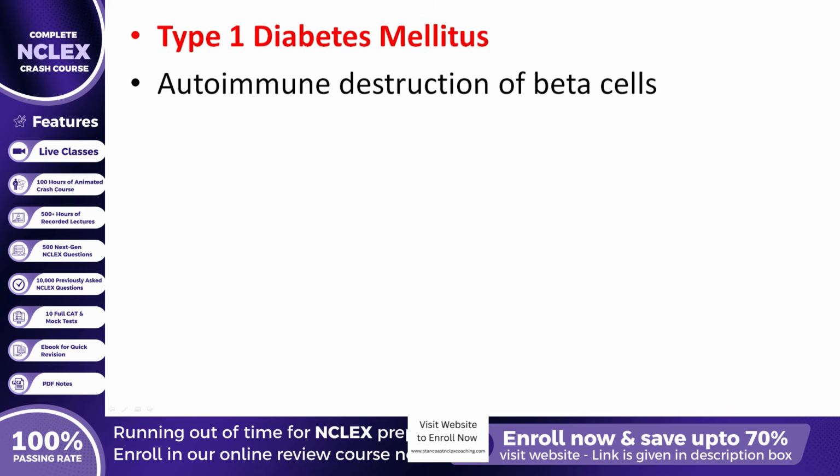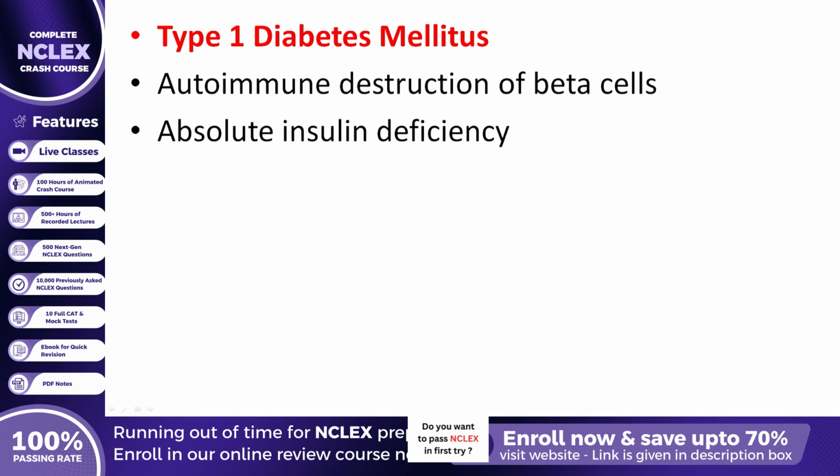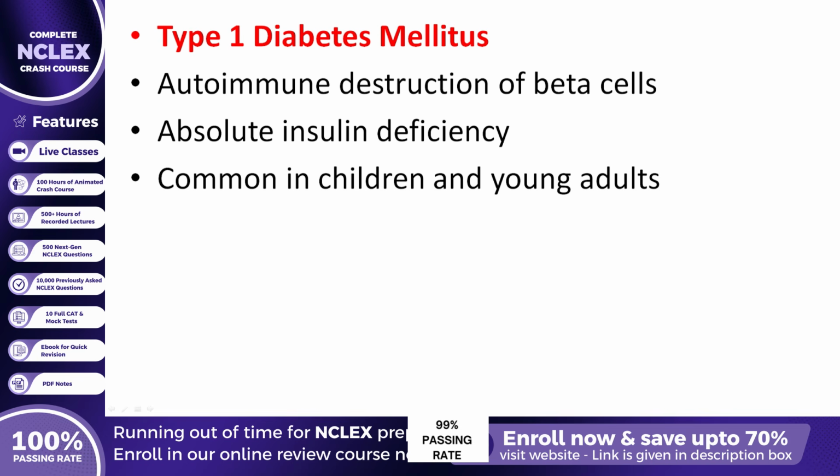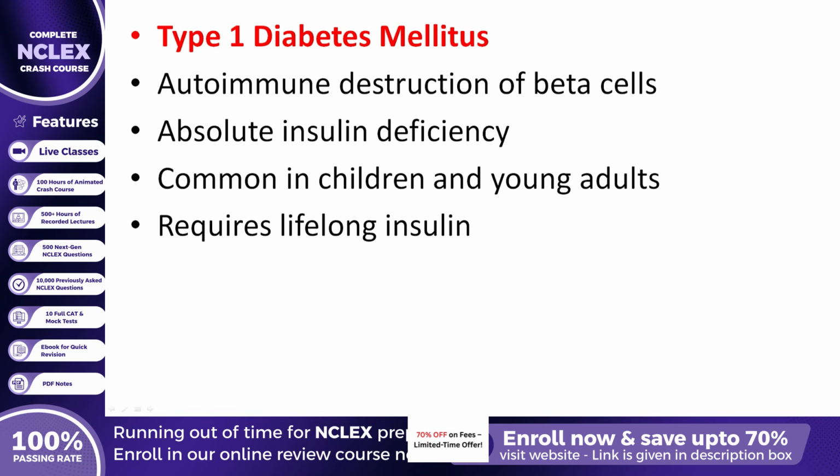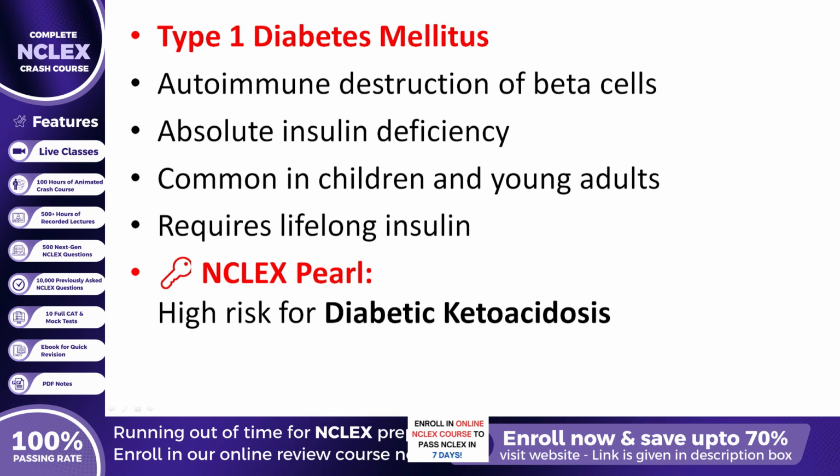As a result of this autoimmune destruction, the body produces little to no insulin, leading to absolute insulin deficiency. These patients are often diagnosed in childhood or adolescence, although it can occur at any age. Because insulin is completely absent, lifelong insulin therapy is mandatory for survival. Most importantly, these patients are highly prone to developing diabetic ketoacidosis, which is a life-threatening emergency that we will discuss shortly.